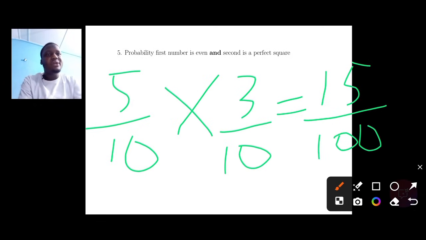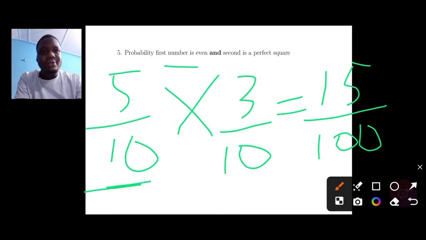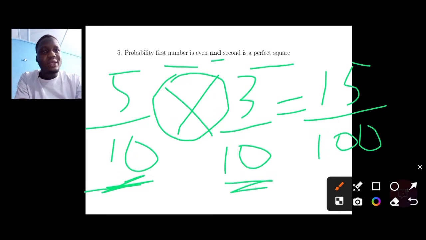If you want to break it down, you can get 3 over 20. But the most important thing I want you to note is that it says the first one is even. This is it. And this is the "and". Second one is a perfect square. This is it. As simple as that. Okay, good.